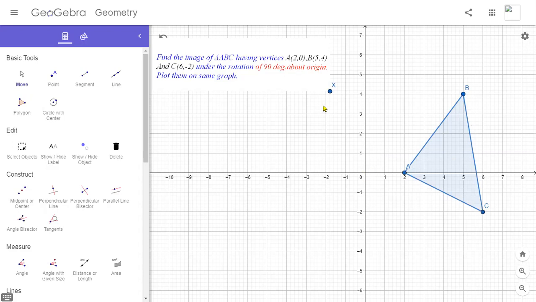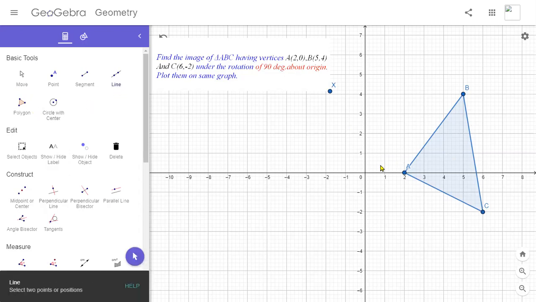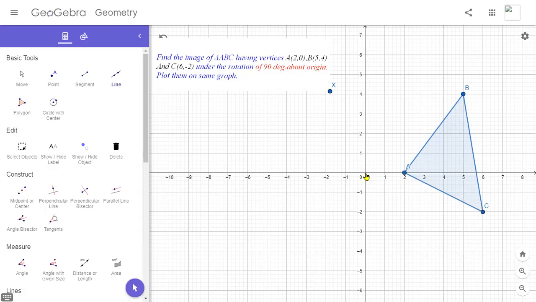So the very first step is making the object, and the second step is drawing the line. Here the center of this rotation is the origin, so we have to make a line from the origin to each vertex. Let me take the vertex A first.